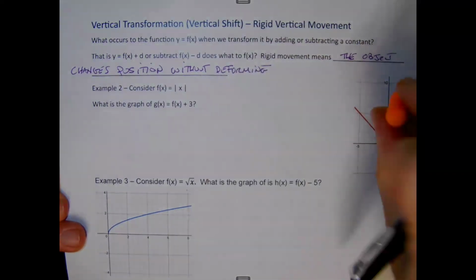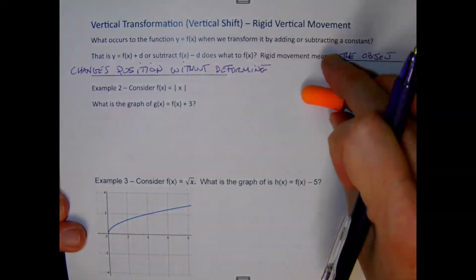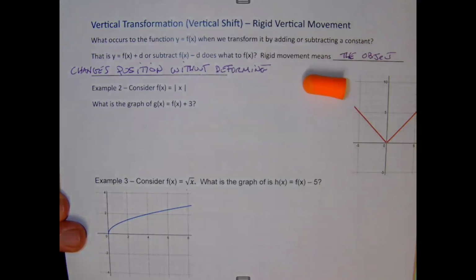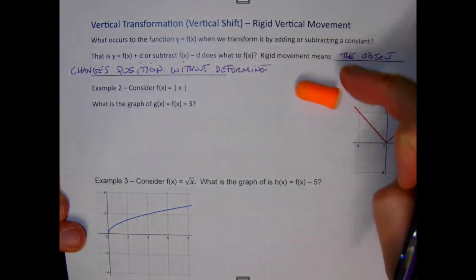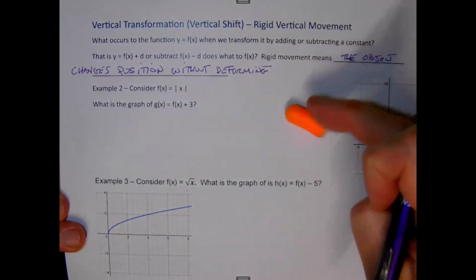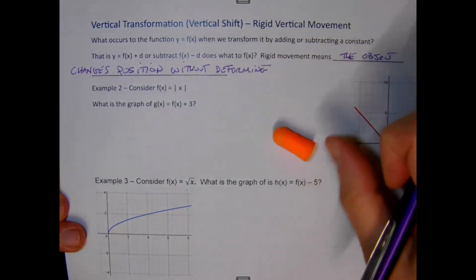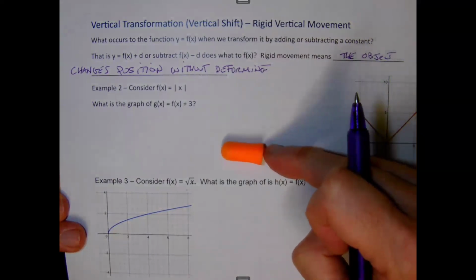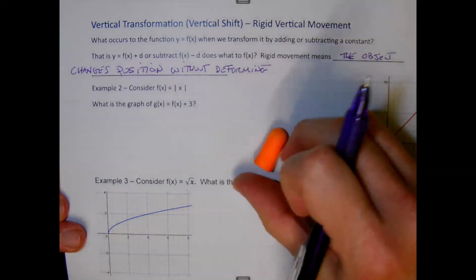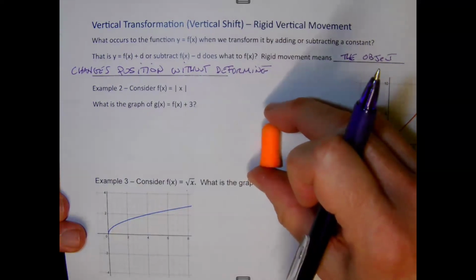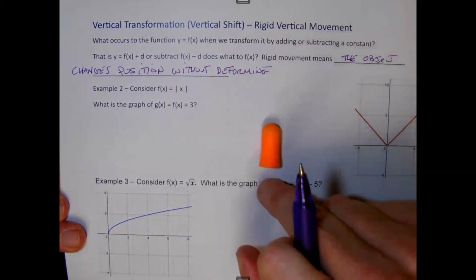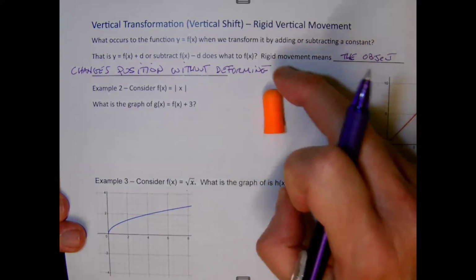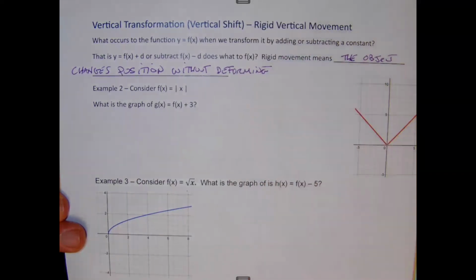So for example, here we have an earplug, and if I just tap it, it's moving, but the shape of the earplug stays exactly the same. I'm just moving it across a piece of paper. So right now there is movement. So vertical movement, all that's going to mean is that if I start here, it's just going to move either up or down. That's really what we're doing.